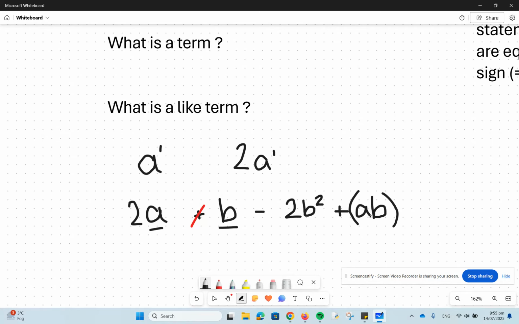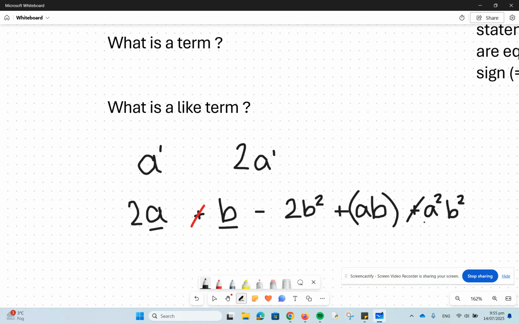This is called AB. Just like if I added one more and I called it A squared B squared. This a squared b squared is totally different to this ab because it's the same letters but different powers. So can I add these two together? No, can't do that either.